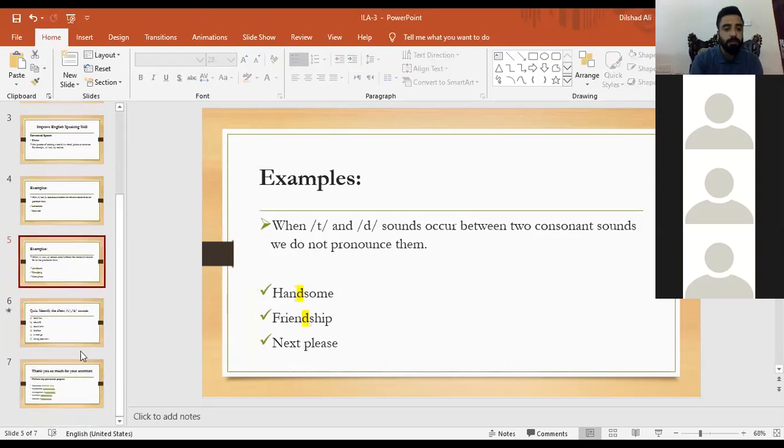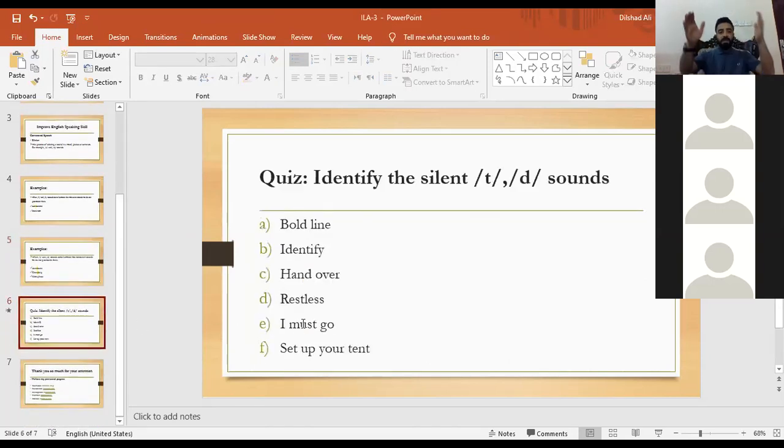So, this is the last one, and it is an activity. I want all of you to practice. You got a quiz: identify the silent t and d sounds. I gave you 6 examples.